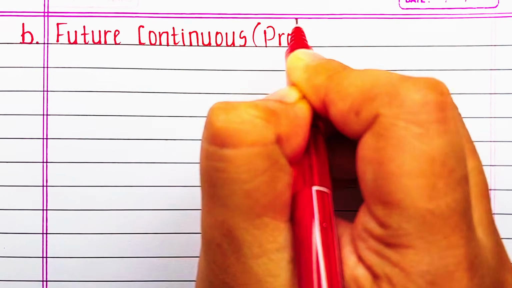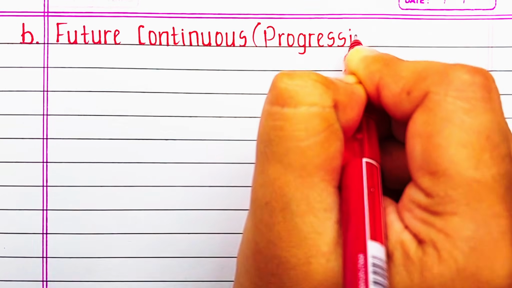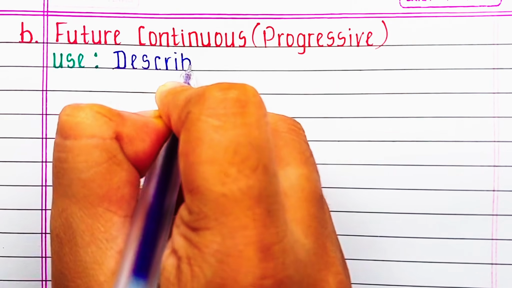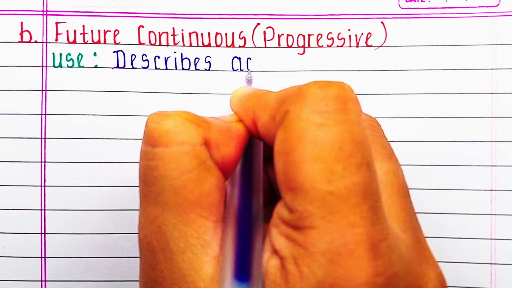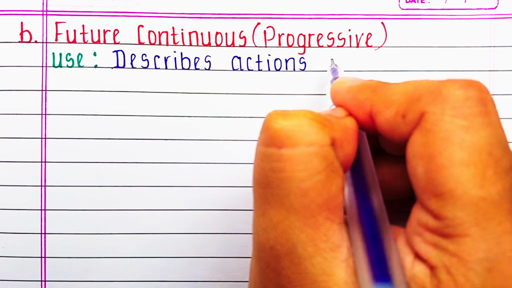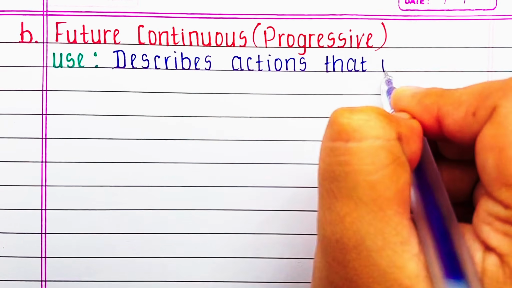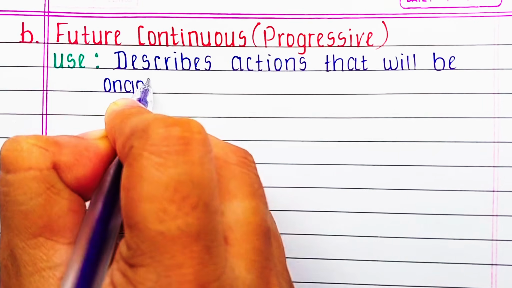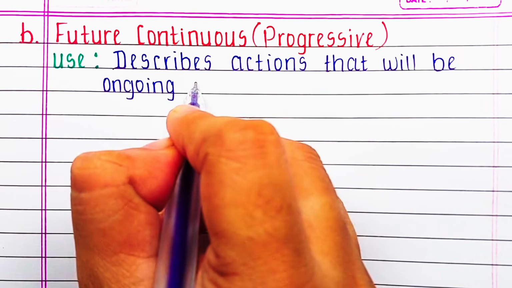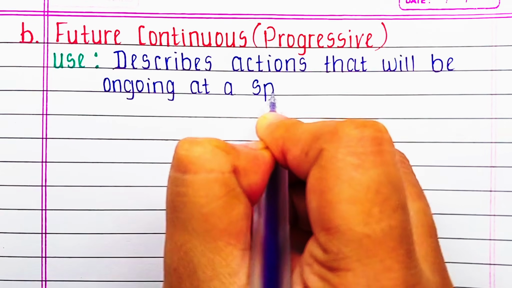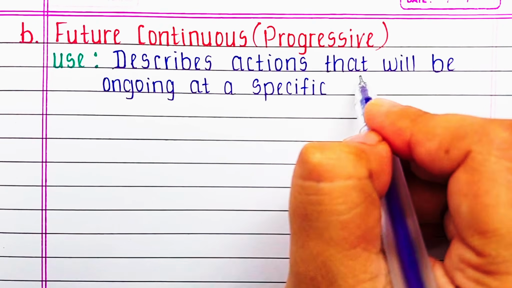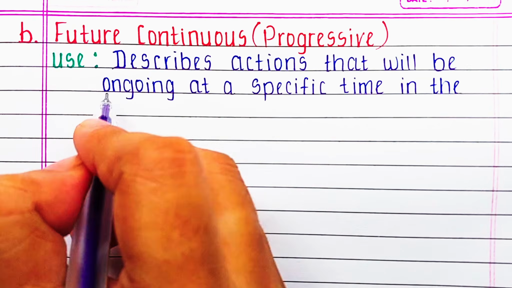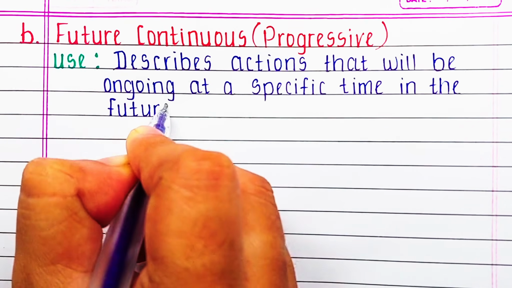Next subtype of future tense, future continuous, that is progressive. It is used to describe actions that will be ongoing at a specific time in the future.